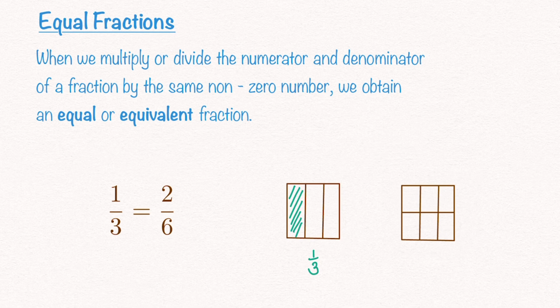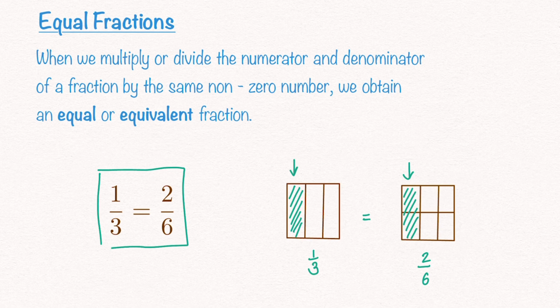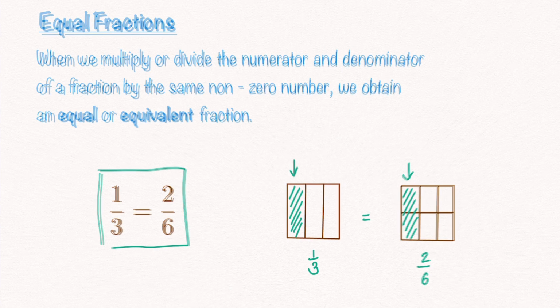And out of the 6 parts, I'm going to shade in 2 of them and call this 2/6. When we're comparing the green shaded areas, we know that the one on the left is the same as the one on the right. And this means that 1/3 is equal to 2/6. So we can call this equivalent fractions or equal fractions.